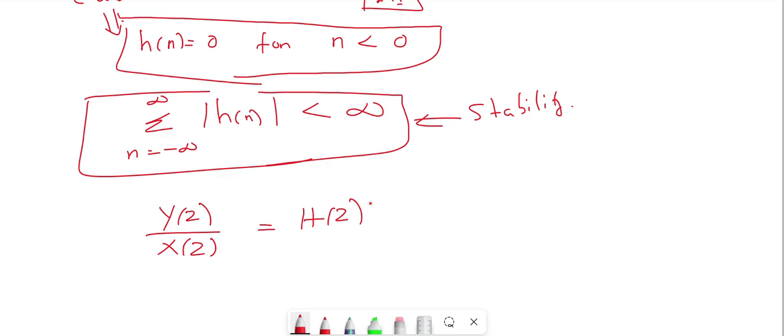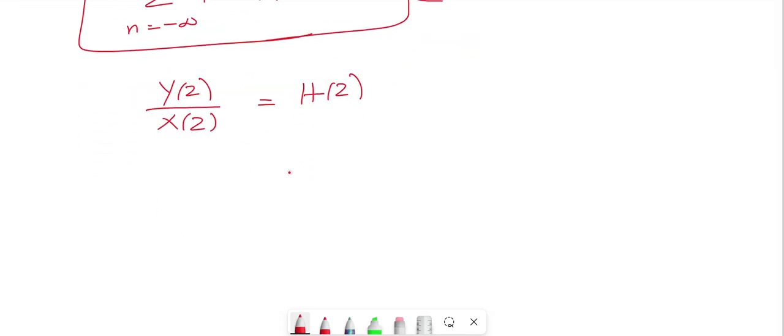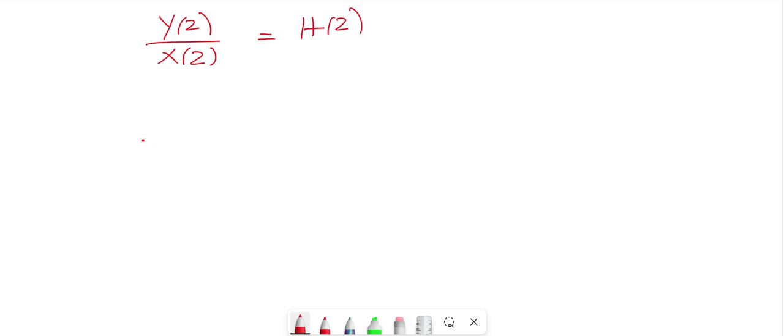Before that, the ROC: how to find it if the system is defined by a power n u of n. We have derived it; if the system contains more than one pole, then how will the ROC be determined? So we will take one problem.